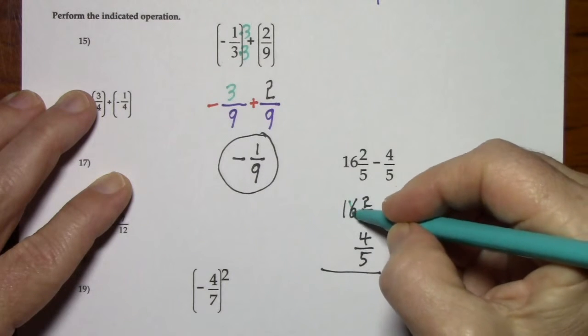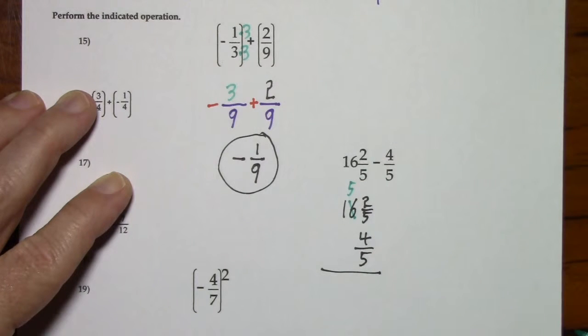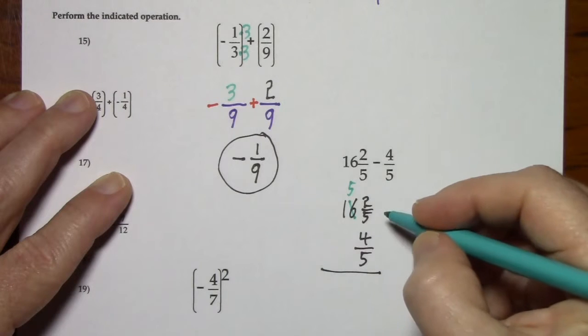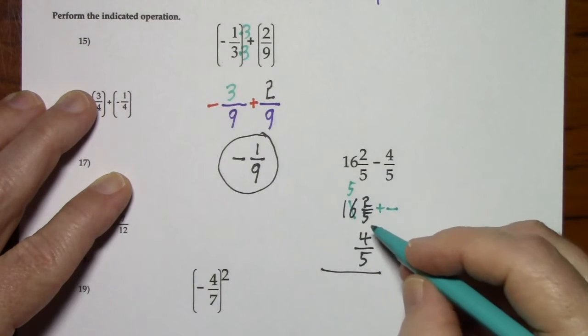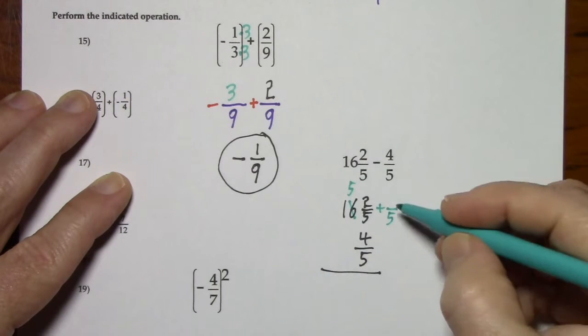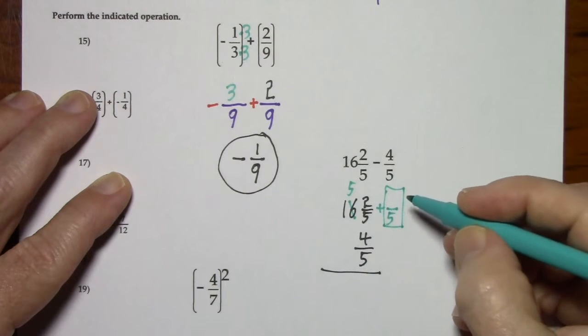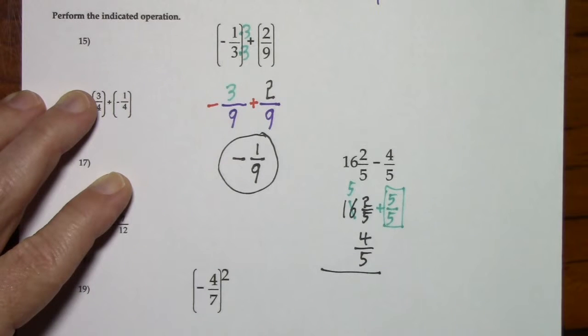So we borrow 1 from the 6. It becomes a 5. The one that I borrowed, I have to add to this. If I'm going to add, I need common denominators. And if the value of this is a 1, the numerator has to be a 5 as well.